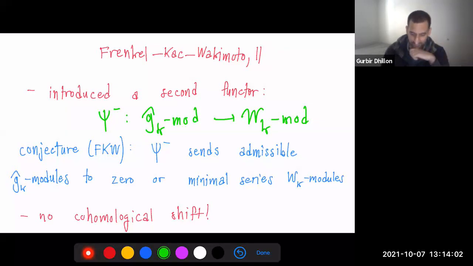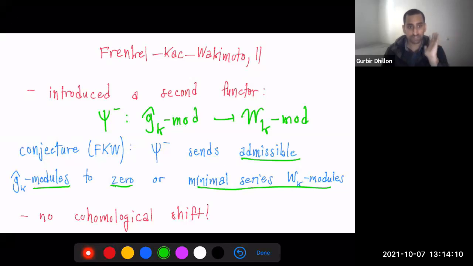Namely, when you feed in admissible representations, it'll again go to 0 or a minimal series W representation. But the key thing was that they did not think you should get any cohomological shifts. So basically for the minus reduction, you should be able to just ignore derived categories and work as naively as possible.